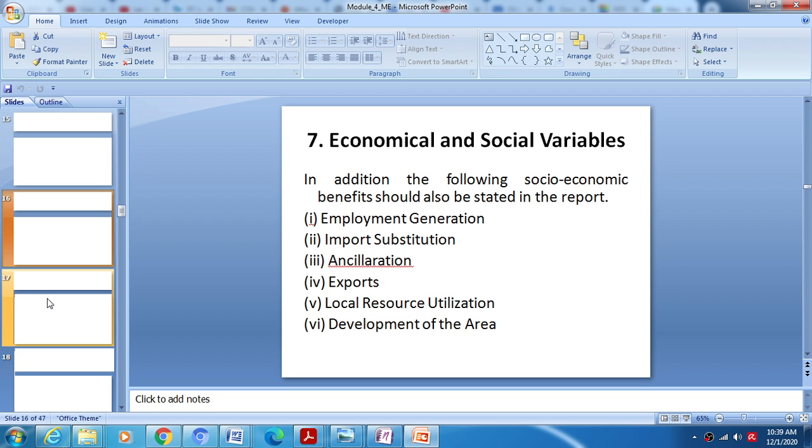The next one is development of the area. That is also possible if you start up with new ideas or come up with a new or innovative industry. That again has a bigger impact on the society or on the area in which you are planning to locate. So that again has to be mentioned in your project.